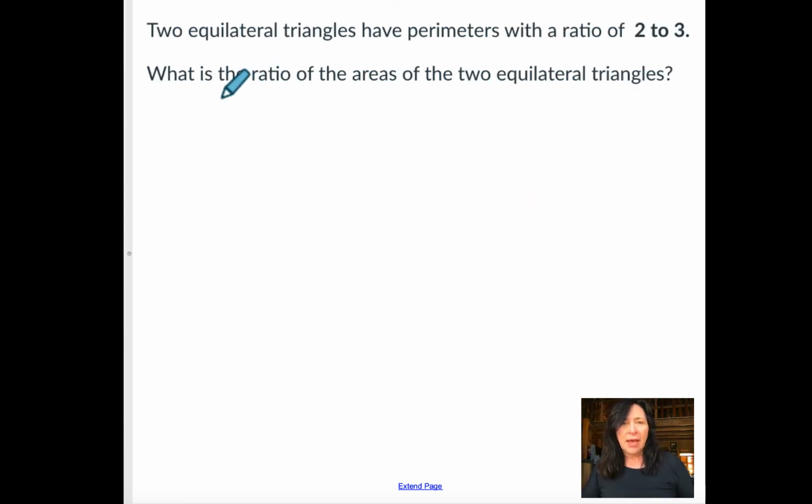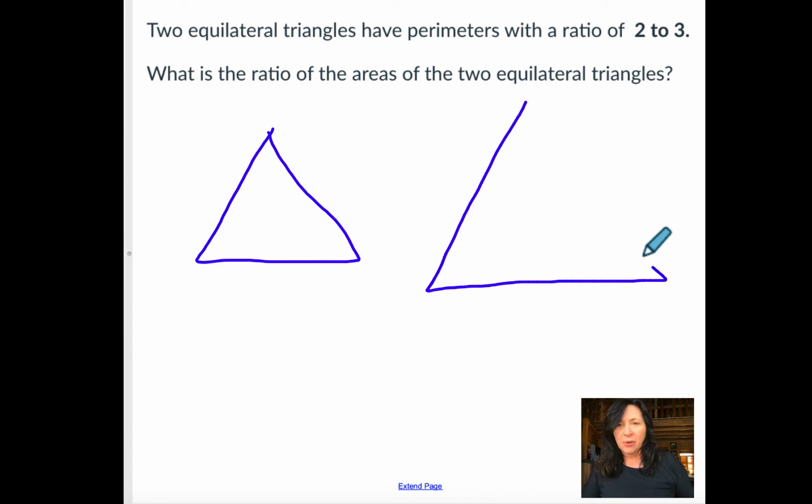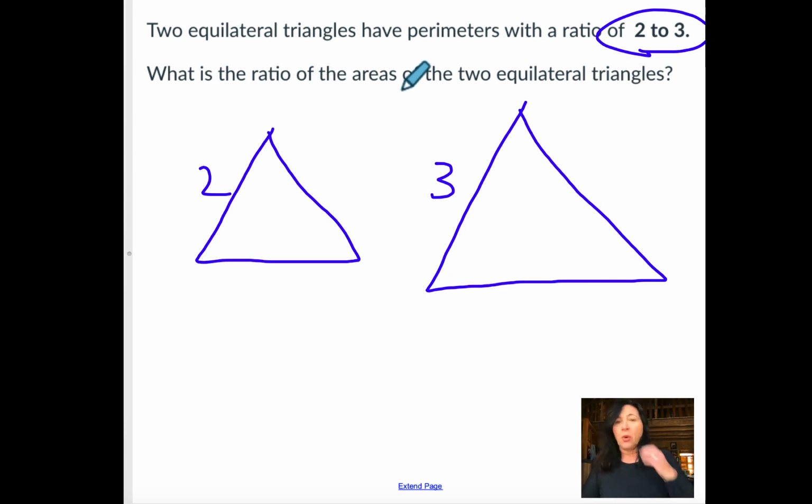And lastly, we have 2 equilateral triangles. It didn't say that they were the same, but it does say that the ratio, small to large, is 2:3. What is the ratio of areas of the 2 equilateral triangles? Again, my scale factor is 2:3.